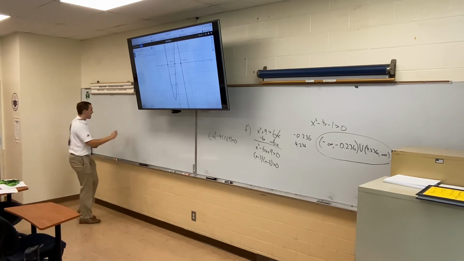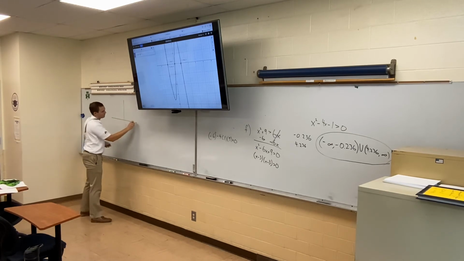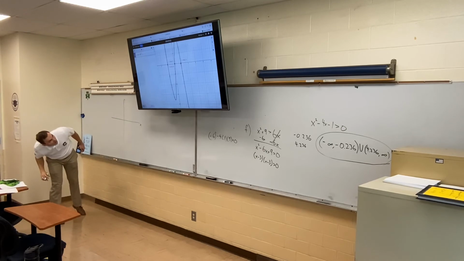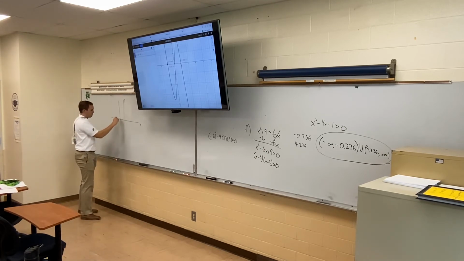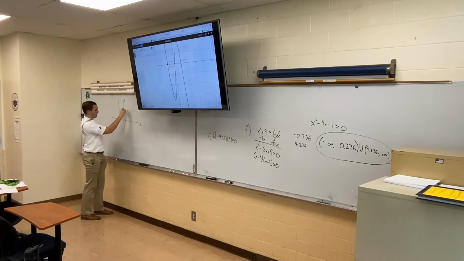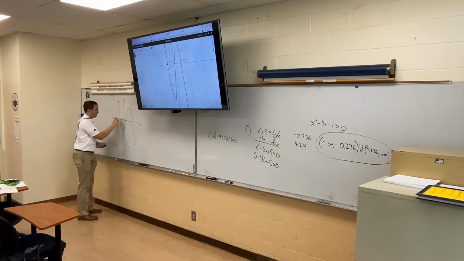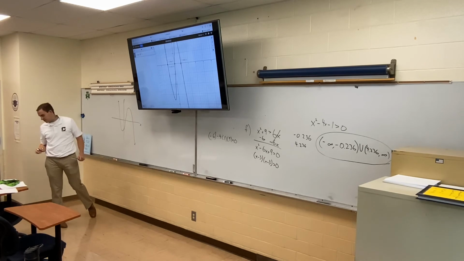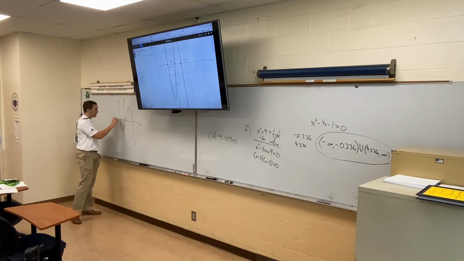So on our graphing calculators, we get, do I get these solid dots or hollow circles? Hollow circle.